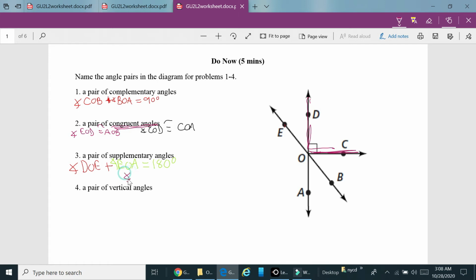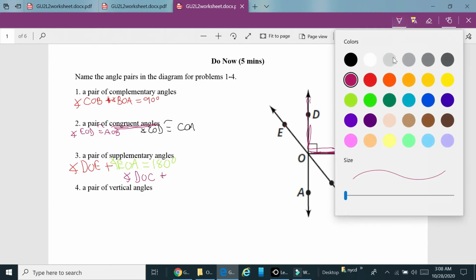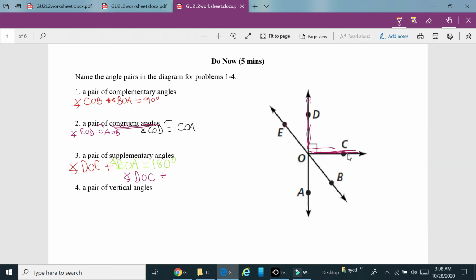So angle DOC plus COA, that's another 90 degrees.